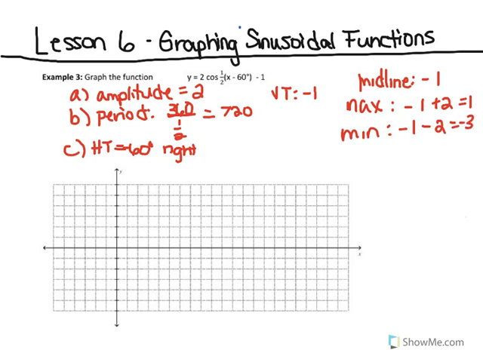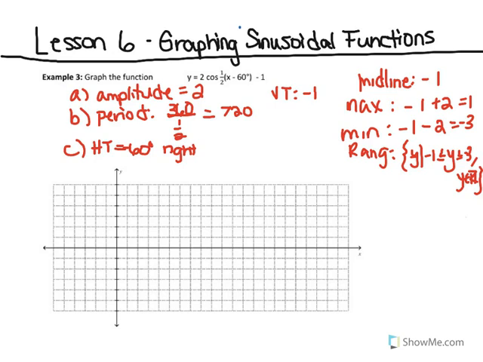So our range is y such that -3 is less than or equal to y, which is less than or equal to 1, for all the elements of the real number set. And now we are going to graph.